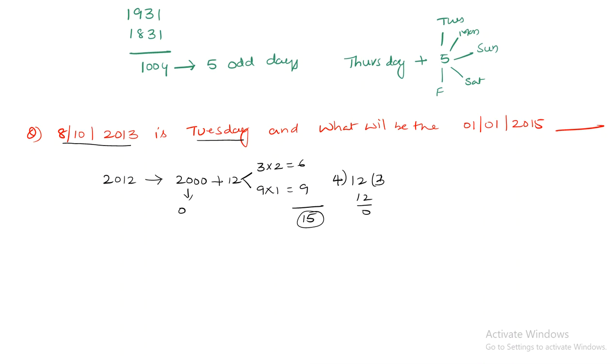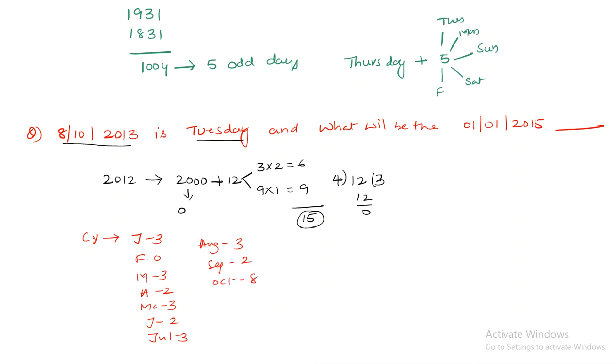Next thing is we need to find for the current year. So it is October. January we have 3, February 0, March 3, April 2, May 3, June 2, July 3, August 3, September 2, and October is 8 days.